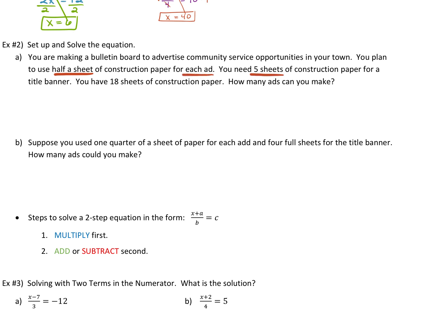You need 5 sheets of construction paper for the title banner. Okay? You have 18 sheets of construction paper. How many ads can you make? So you have a total of 18. You need 5 sheets of paper for the title banner, but then it's a half a sheet per ad. We want to know how many we can make.